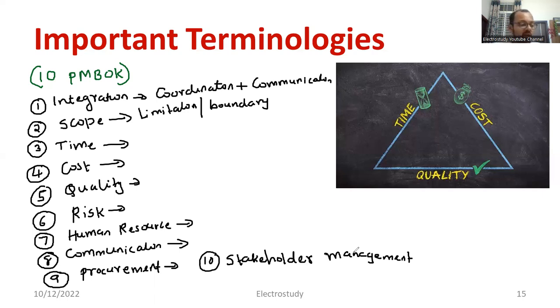One more important thing I want to tell you is the triple constraint. What do you mean by triple constraint? Everybody please observe the diagram; I have kept it on the right side. So let us write it: triple constraint. What is the triple constraint?